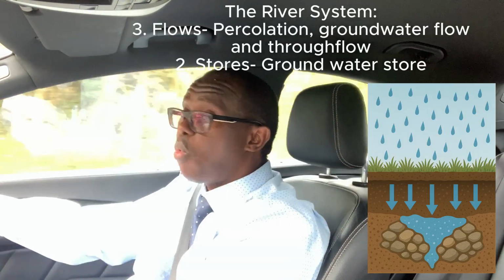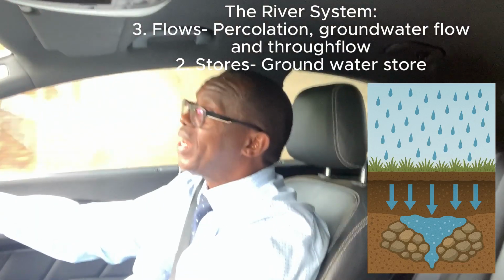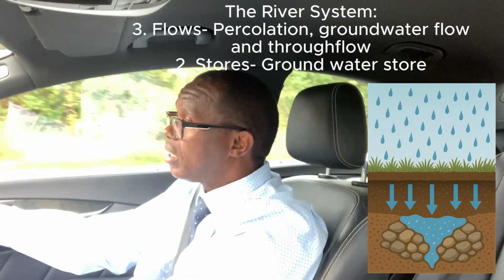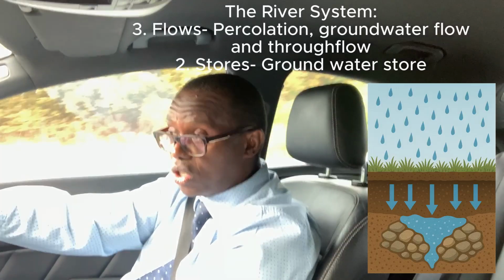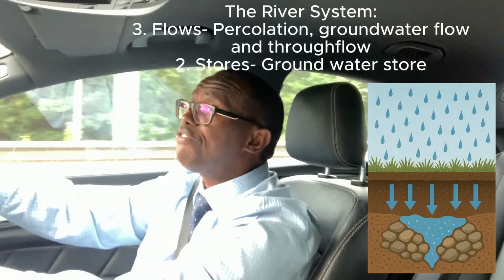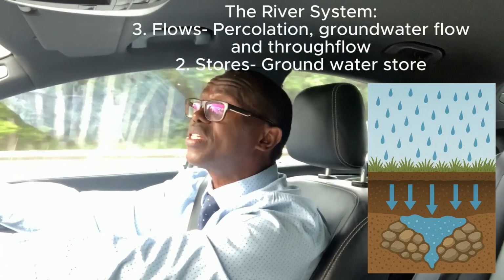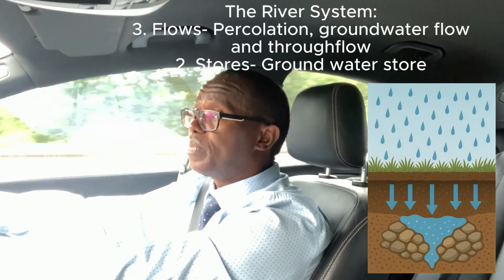Once that water reaches the ground, the rocks, it will either be held within the rocks, okay? And if it's held within the rocks, it's referred to as groundwater store. So it's just going to be held within the rocks.